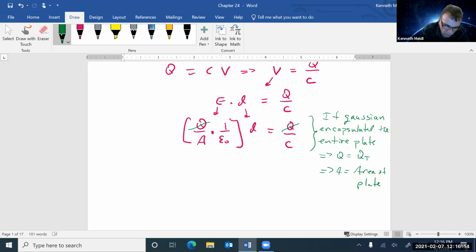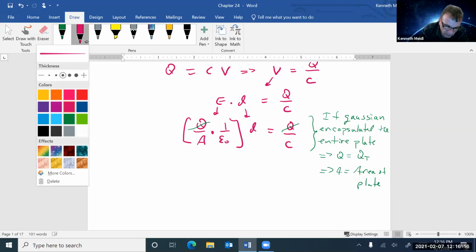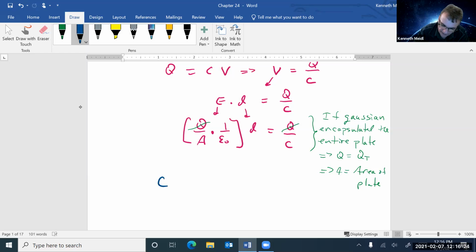And so, when all is said and done here, I'm going to multiply both sides by C. I have that, and then I'll multiply across by area, epsilon 0. And then I have to divide both sides by D. And this is for a parallel plate capacitor.